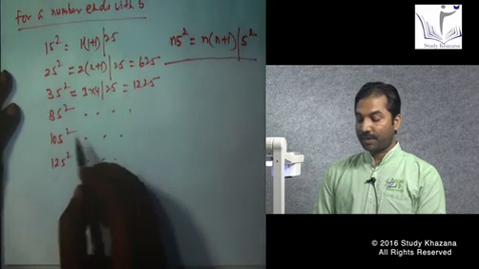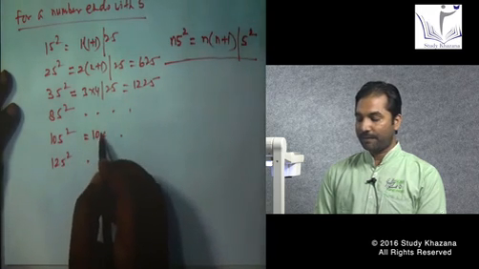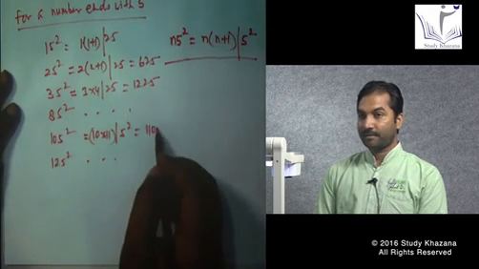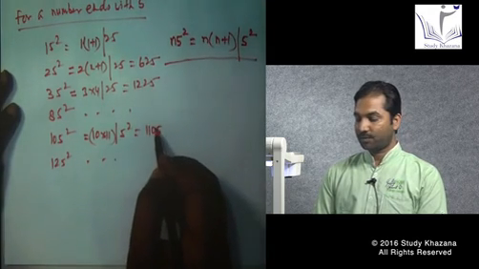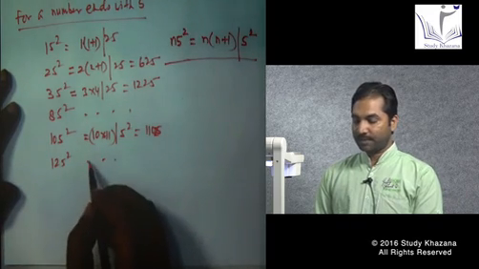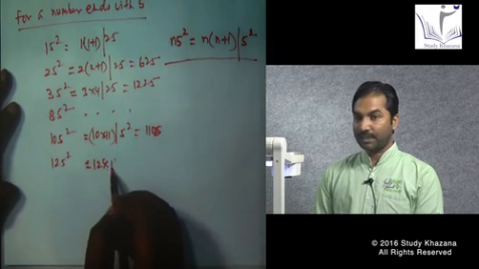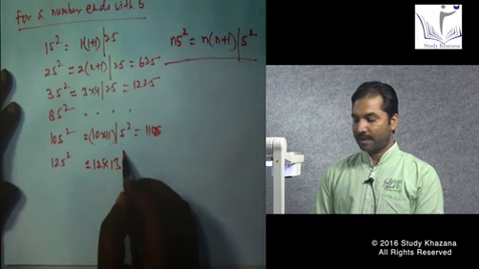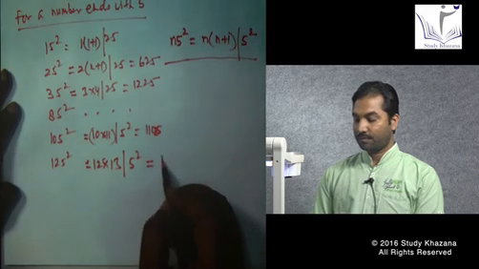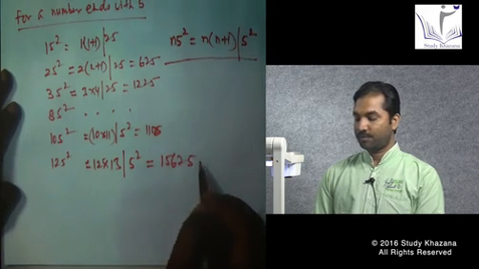In case of 105 square, it is nothing but 10 into 11 and 25. It is 110 and 25. In case of 125 square, it is nothing but 12 into 13 and 25. It is 156 and 25.